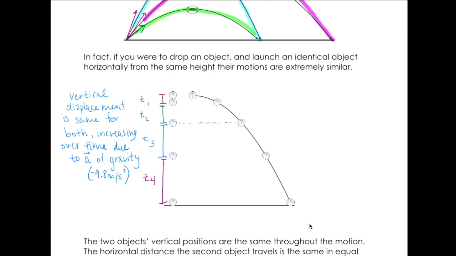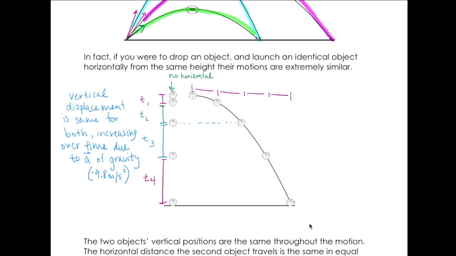Now if we look at the horizontal movement of the object, the ball that is just being dropped has no horizontal displacement. But if we look at this other one, my lines aren't lined up perfectly, but you should see that it is equal.